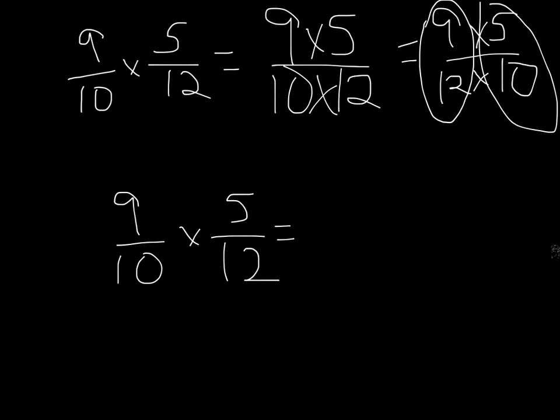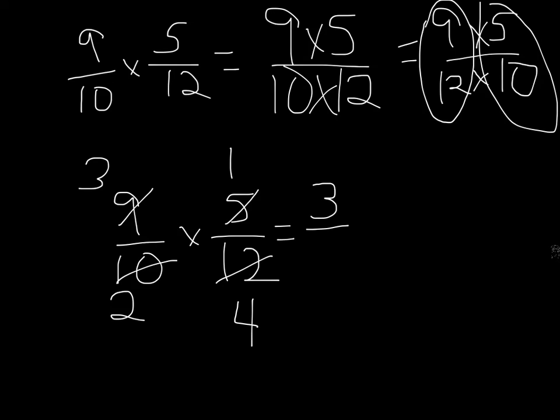Well, it's 3. And so I can divide both by 3. 9 divided by 3 is 3. 12 divided by 3 is 4. And then I also see that 5 and 10 have common factors. 5 divided by 5 is 1. And 10 divided by 5 is 2. And so then I do 3 times 1 and I get 3. And 2 times 4 and I get 8. And 3/8 is my correct answer.